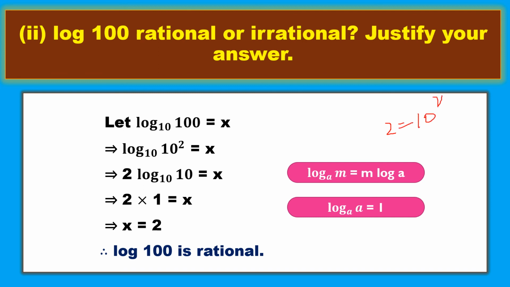So to get x, 2 cannot be written in terms of 10. So we cannot find x, so x is not rational. That's why we concluded that log 2 is an irrational number. Here we can find x, so we can say that log 100 is a rational number.